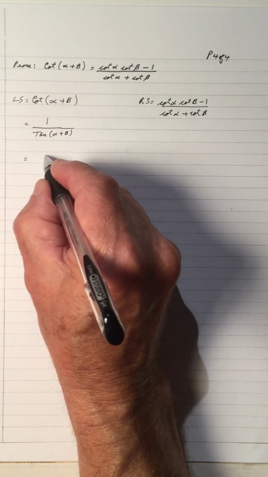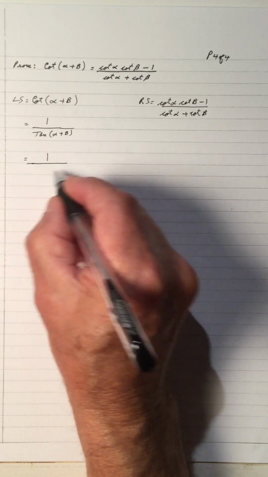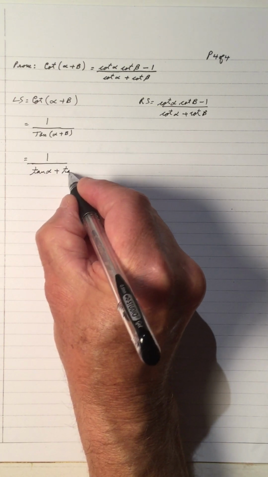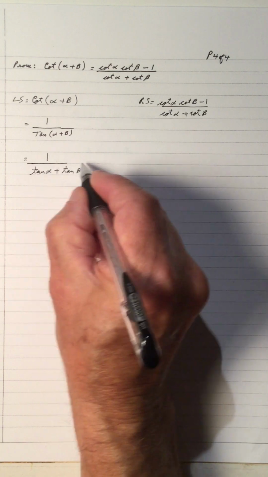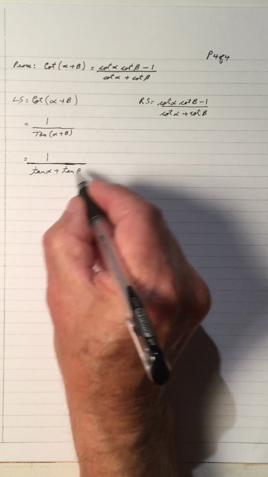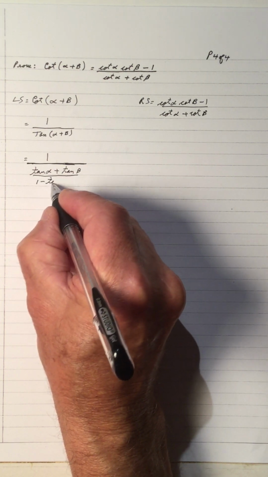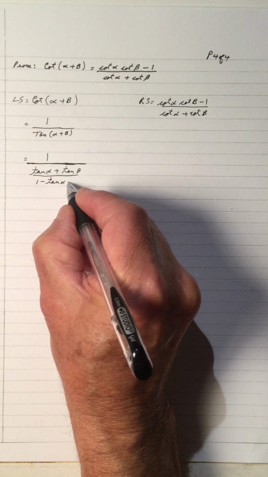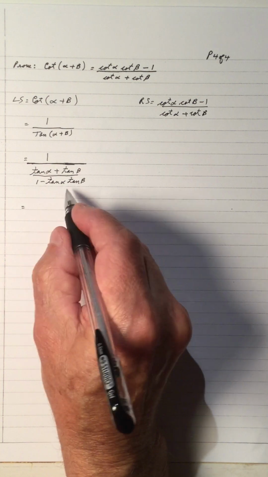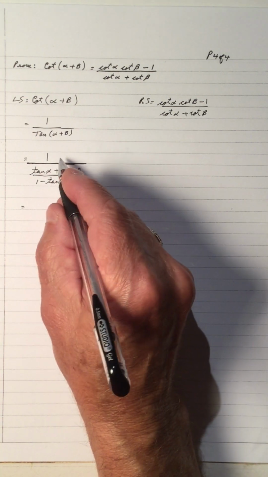And that's 1 over the tan addition formula, which is tan alpha plus tan beta. Now make this a long line. This is the division line now on this complex fraction. Make this a shorter one. And this is 1 minus tan alpha tan beta. Okay, so notice we have 1 over, so that's the reciprocal.